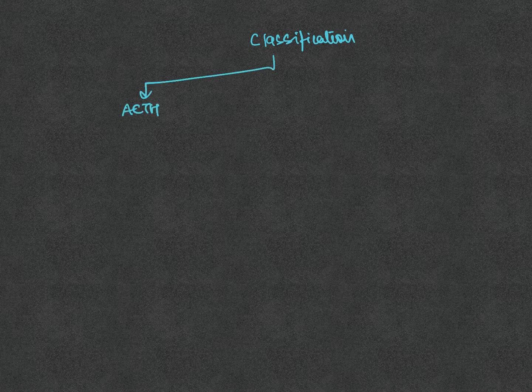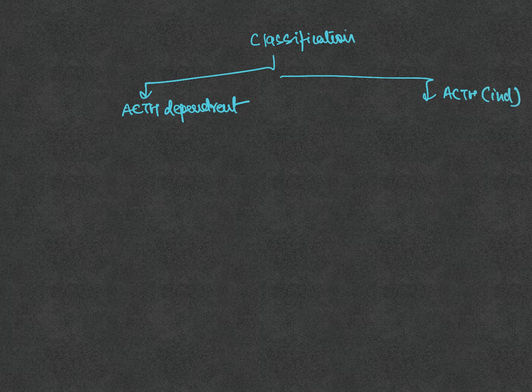Now we come to the classification. So the classification is going to be based on whether it is going to be ACTH dependent or ACTH independent. So the ACTH dependent comprises of around 90%, while this is 10%.